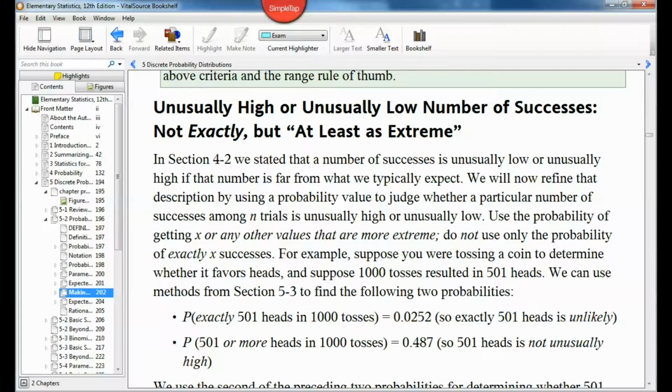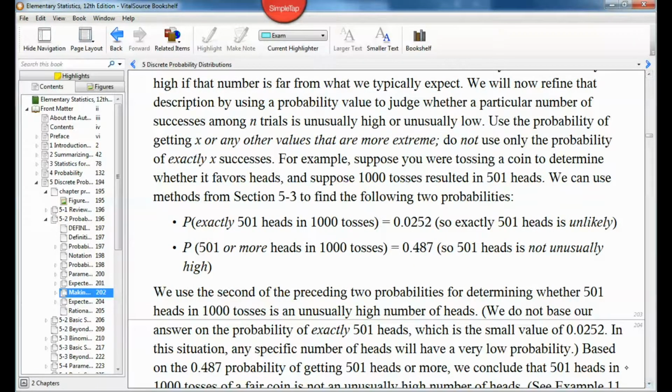So you can see that these types of problems would give us trouble trying to work out with the methods that we know already, right? There are ways that we will go over in 5.3, the binomial probability formula, that will help us work out these probabilities.